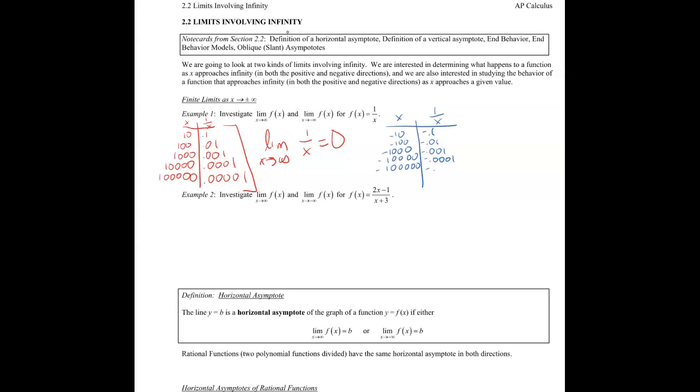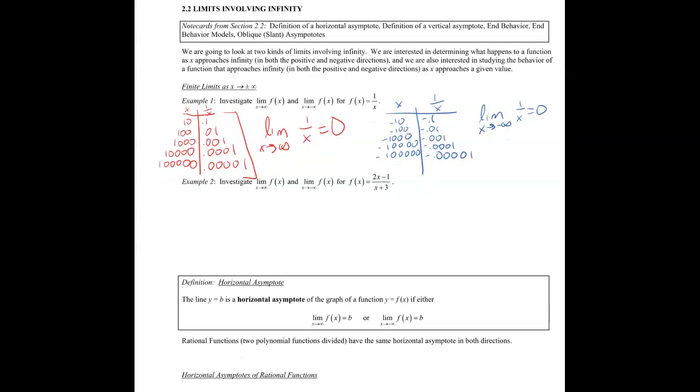And then finally, negative 100,000th. So even if we're going to negative infinity, we're still approaching 0. So the limit as x approaches negative infinity of 1 over x should also equal 0.